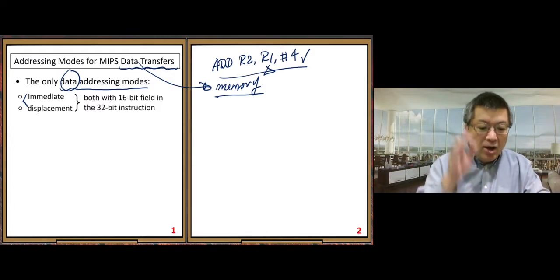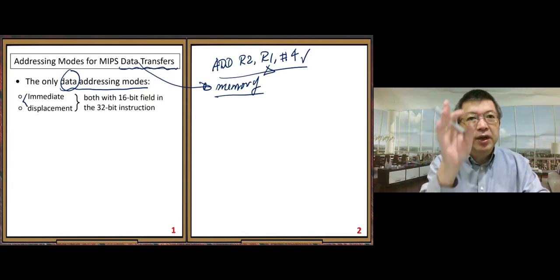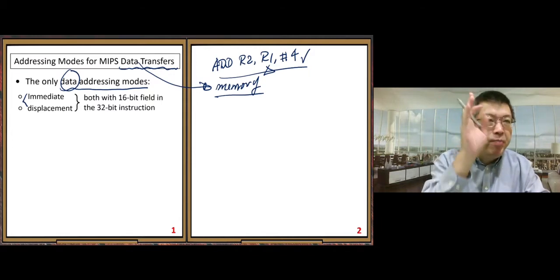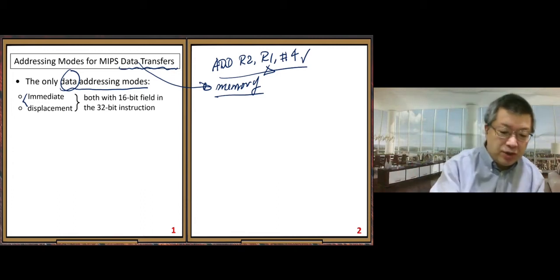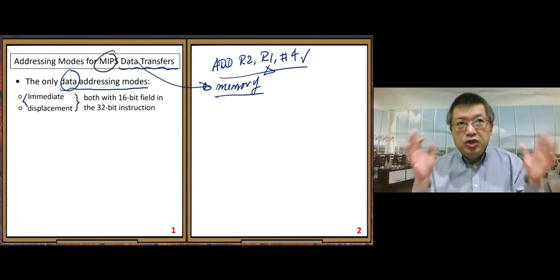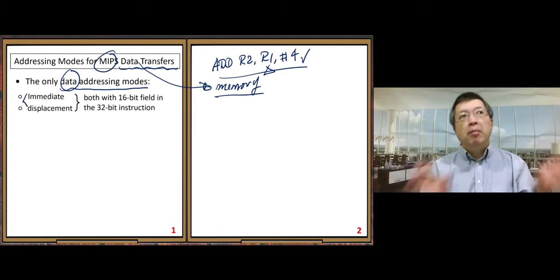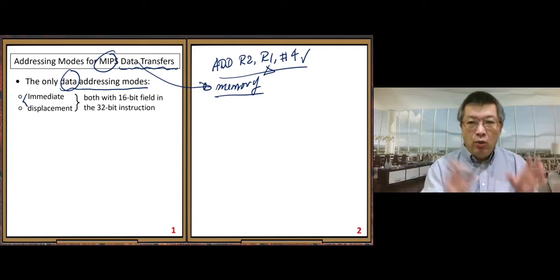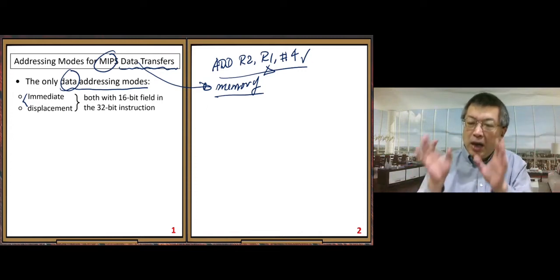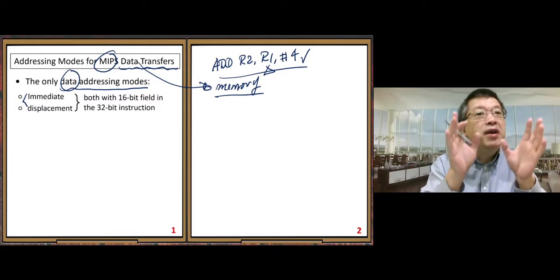Here, both use a 16-bit field in the 32-bit instruction. For the MIPS architecture, each instruction is 32 bits long. But for the immediate mode or displacement mode, we use the last 16 bits as the immediate field.